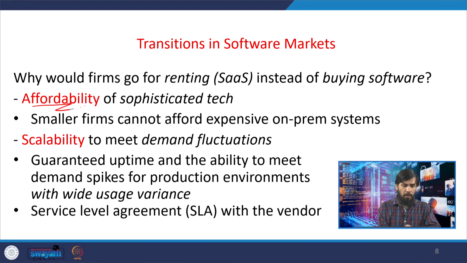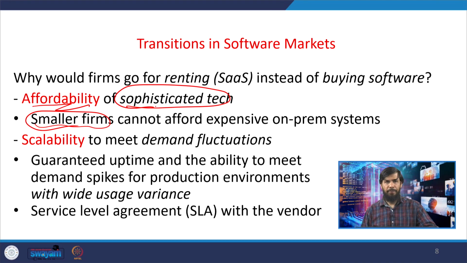Then affordability. While we are talking about startups or small firms, on their own they might find it very difficult to actually buy sophisticated tech, right. But SaaS models make it much more manageable and affordable, because it's more of a subscription, usage based model. And in case there is a realization that a particular software and setup was not contributing to what they needed, they can discontinue the service in case of SaaS.